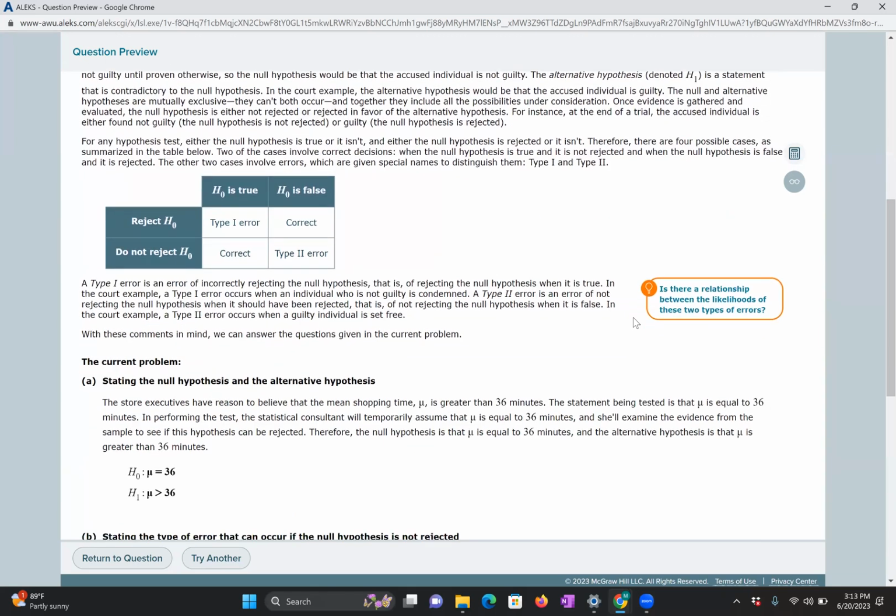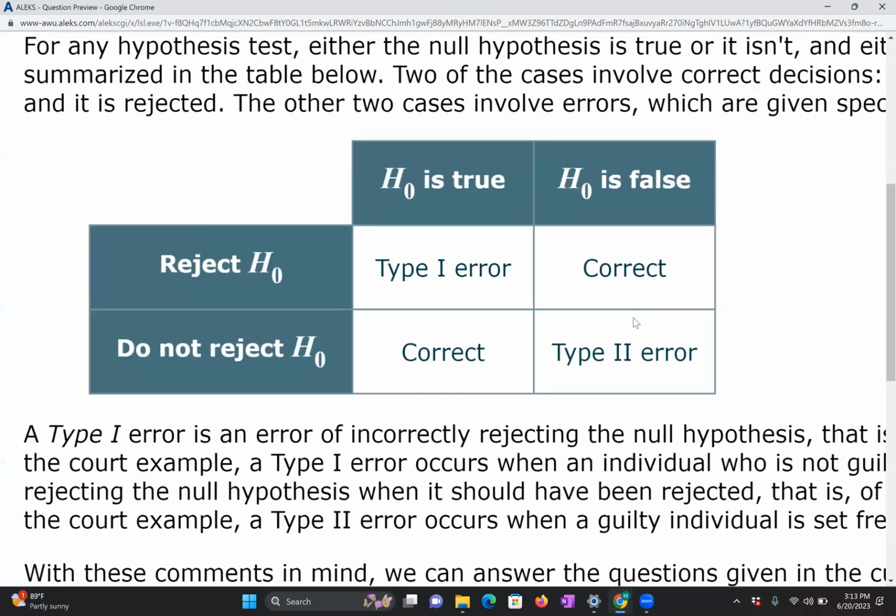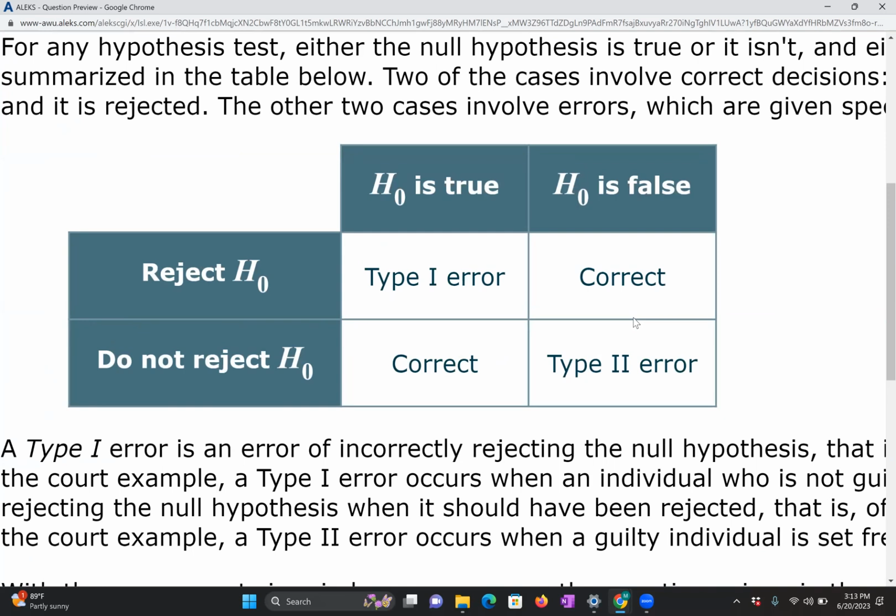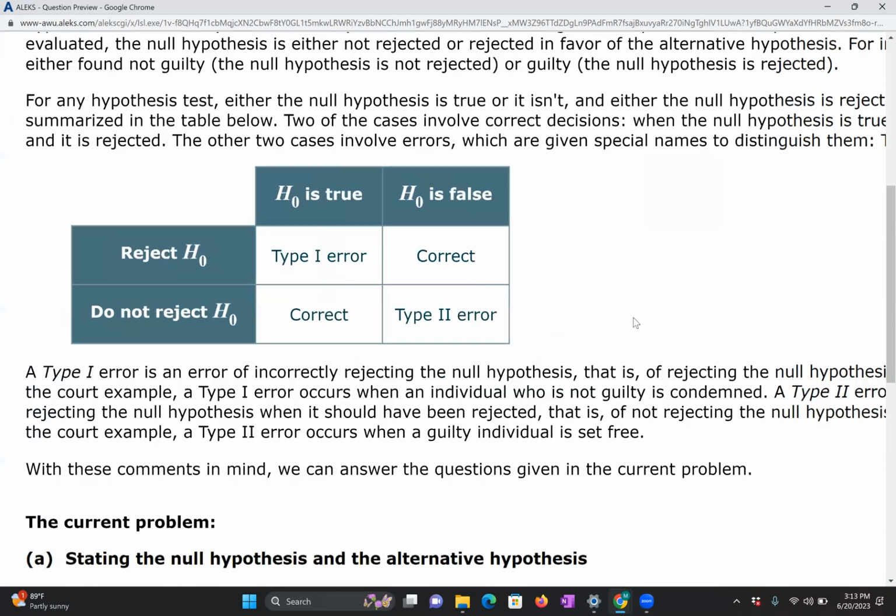So as I said, look at this chart right here, where you're going to focus that the null hypothesis is actually true, and you reject it. So that's that first square right there where it says you made a type 1 error. If the null is false and you fail to reject the null, that's like believing a lie, and that's a type 2.